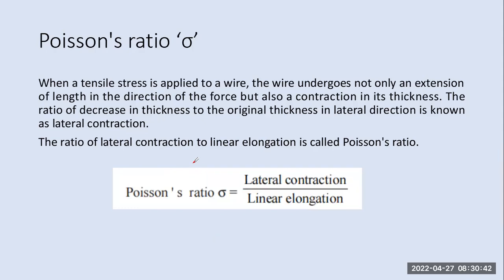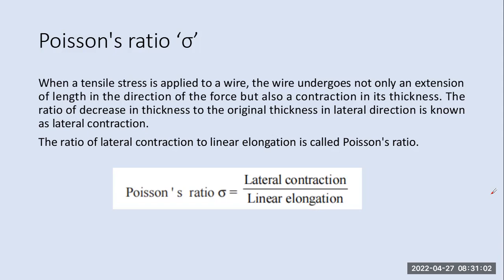So next is our Poisson's ratio or sigma. When a tensile stress is applied to a wire, the wire undergoes not only an extension of length in the direction of the force, but also a contraction in its thickness.